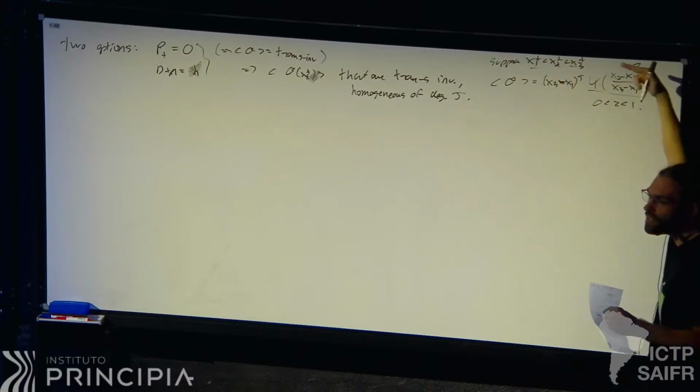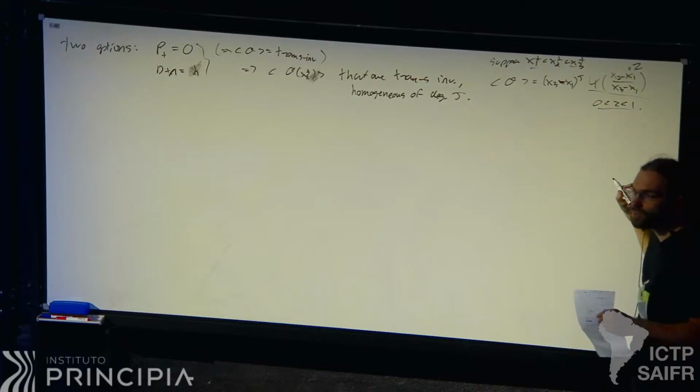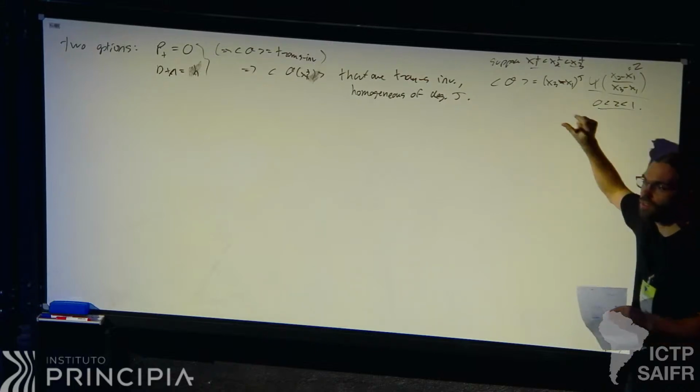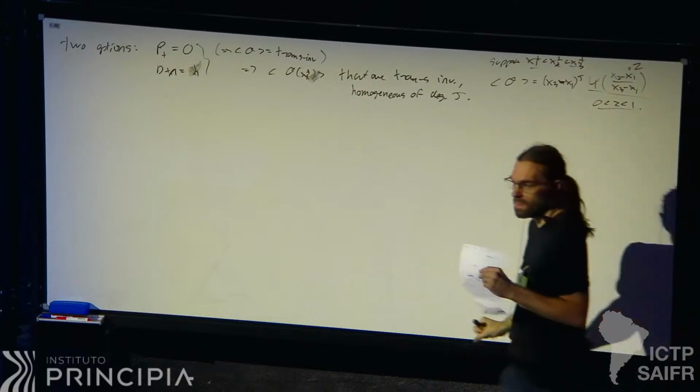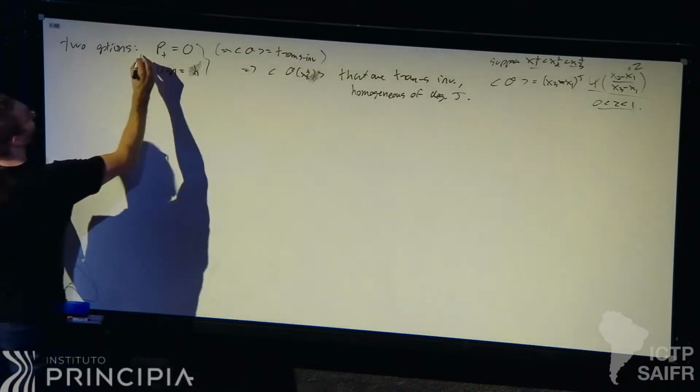So you have many functions of one variable between 0 and 1. That's how we can characterize the state. Okay. So any state with non-polynomial j can be characterized by such a function. That's the first option.